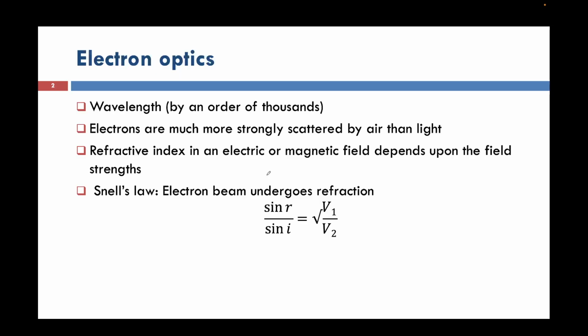We impinge the material with an incident beam, and when we talk about light optical microscope, we talk about the wavelength range of 400 to 700 nanometer. Then we use that white light, or different types of light, so we used different modes of operation.